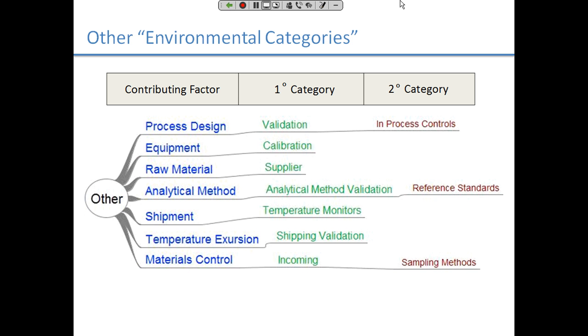And if you focus on those categories that were teased out, and also those that were considered to be the third level categories, you'll be in a stronger position to consistently drill down on things that are reoccurring when you're doing investigations. If you leave your categorization at the primary level, which is what I see a lot in companies, I think you risk not having an opportunity to deal with the reoccurring issues.